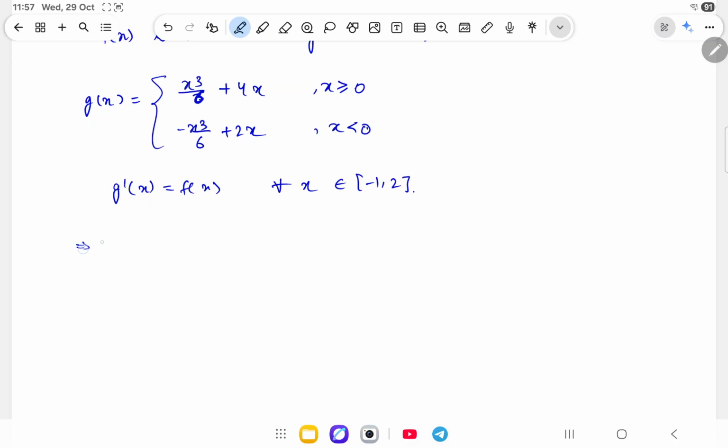And if we find the value of the integral, it will be equal to g of 2 minus g of minus 1.